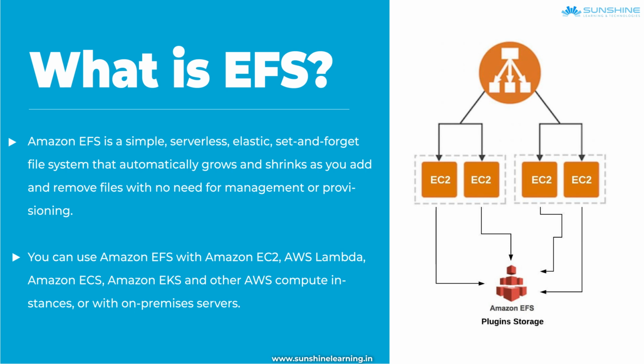All these EC2 instances can have access to the files that are stored in the EFS, and then they can use it accordingly. Not only with EC2, you can use EFS with Lambda also, with ECS, Elastic Container Service as well, and with other AWS services. You can even use the EFS with your on-prem servers as well.